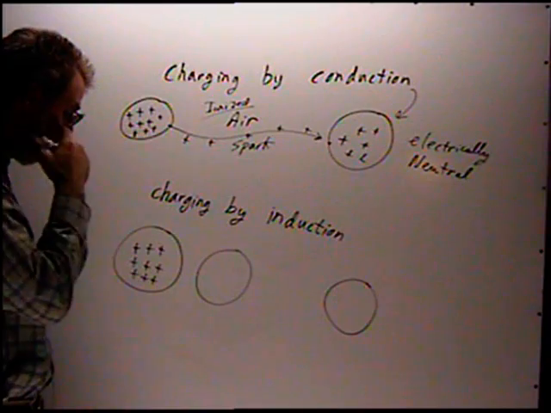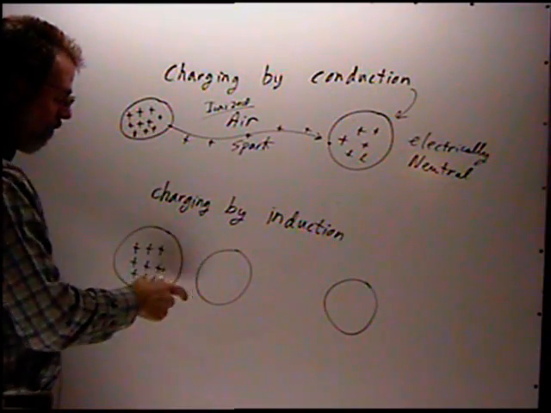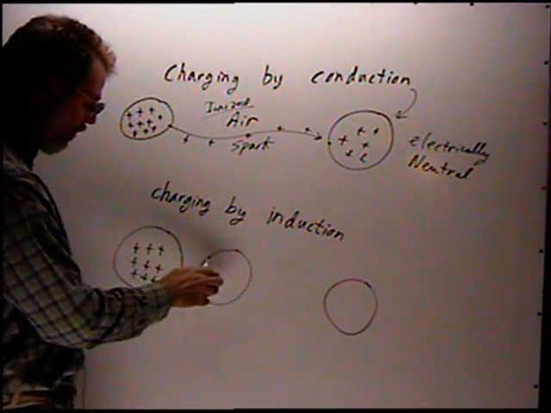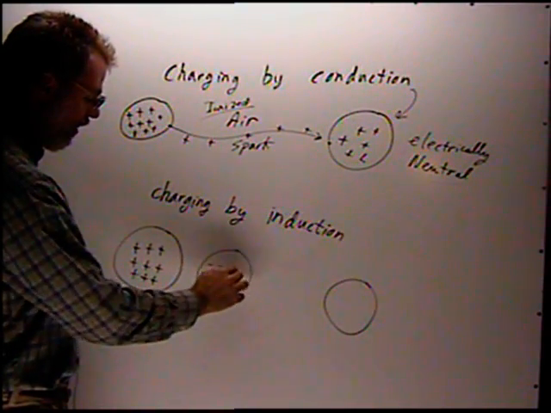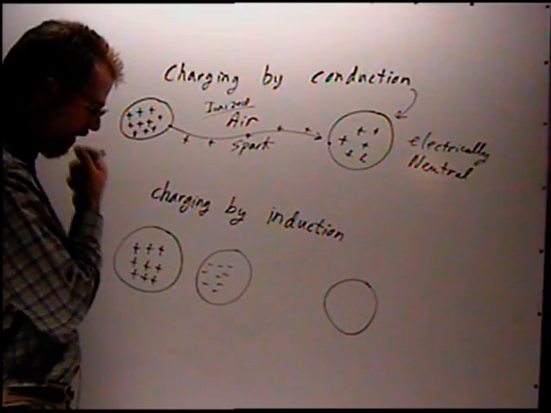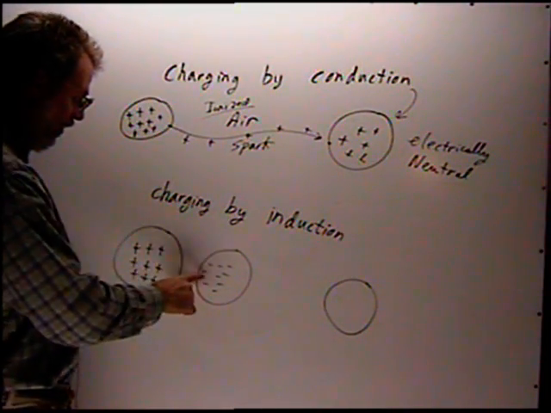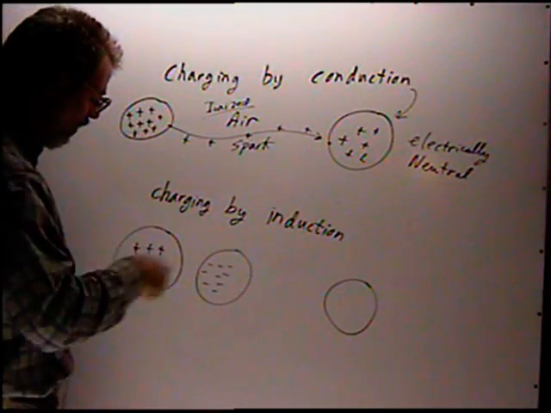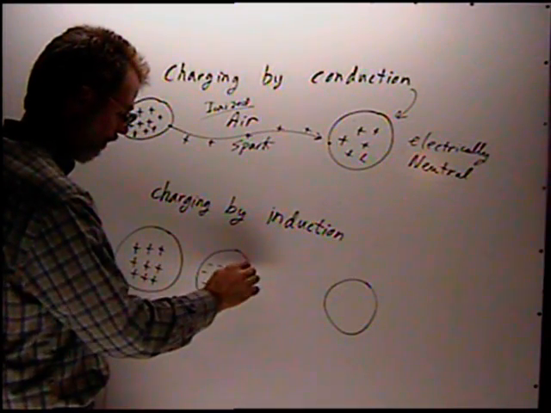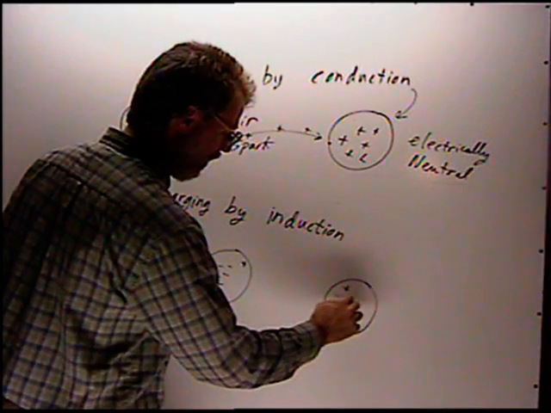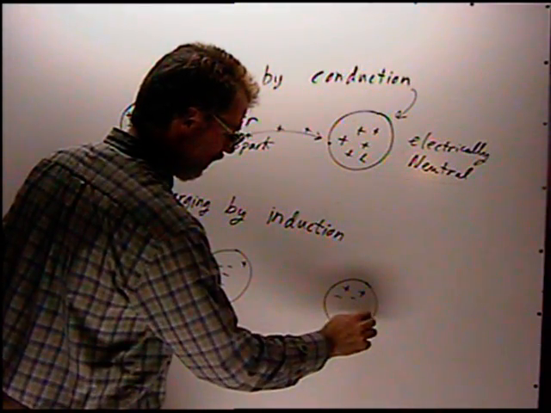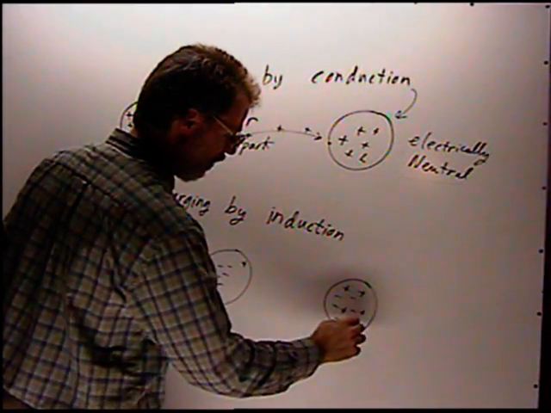What can happen there is this charge induces a negative charge on this object, because the positive charge is over here. Remember, this neutral object is made up of an equal number of plus charges and an equal number of negative charges.